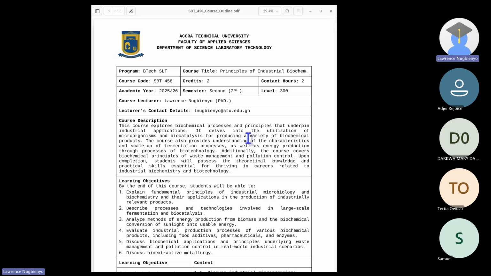I'm still working on developing it in such a way that we'll focus on some very specific applications, to make it more interesting, more practical. Even though it's a theory course, you should be able to relate it directly to what goes on in industry.